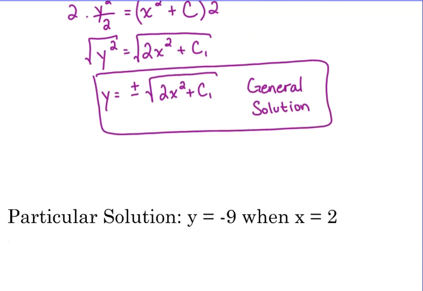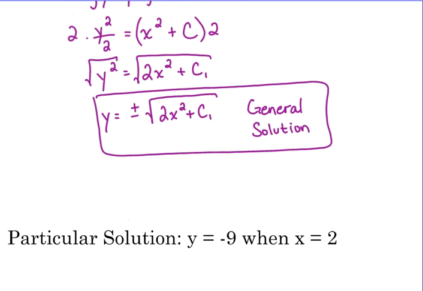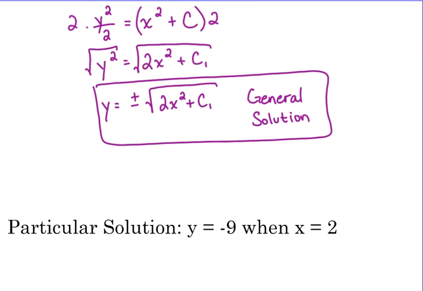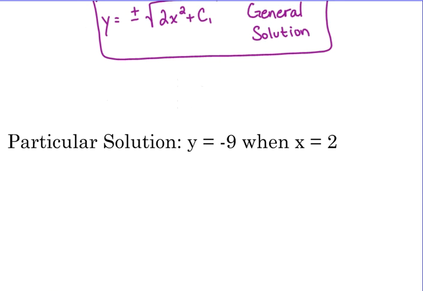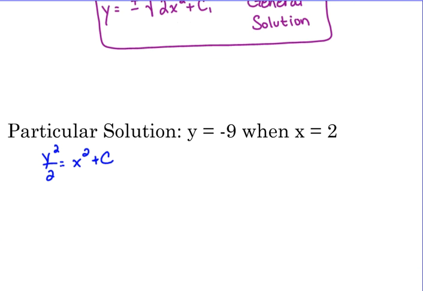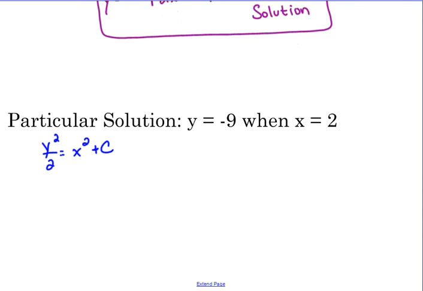Or actually, wait, hang on. Yeah, I think that's okay. Y squared over 2 is equal to x squared plus c. I'm going back to that step, and I'm going to plug in my specifics. Y is -9 when x is 2.